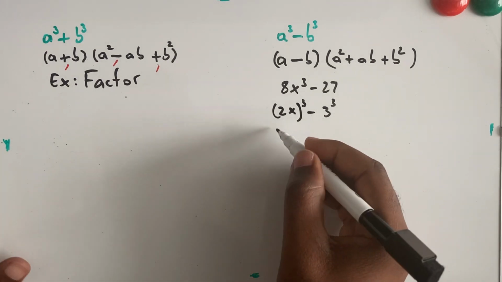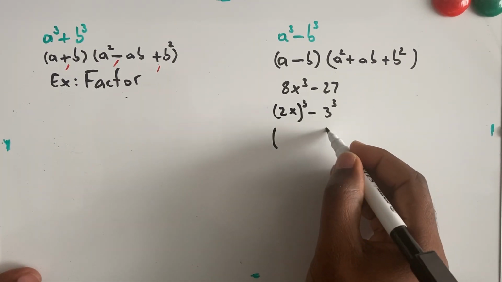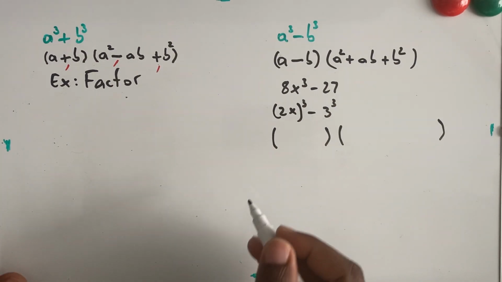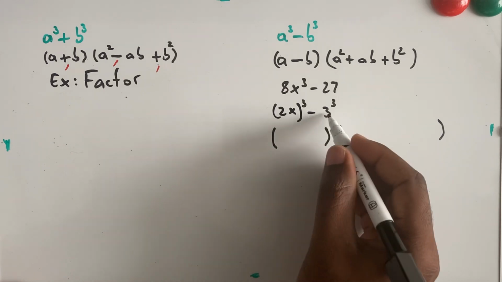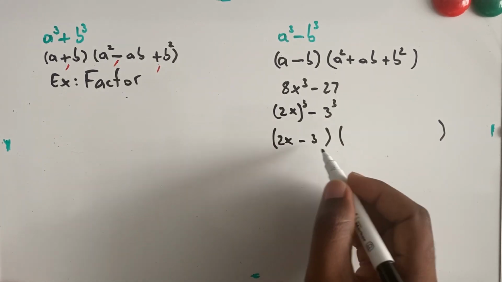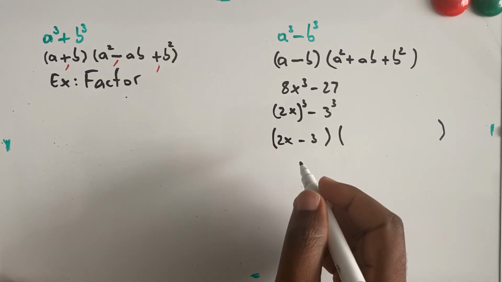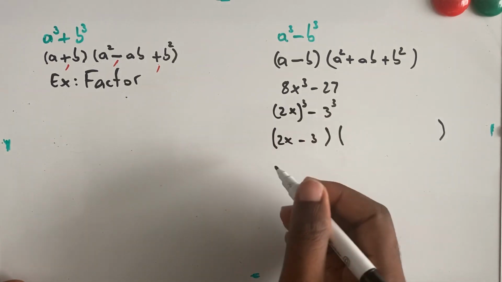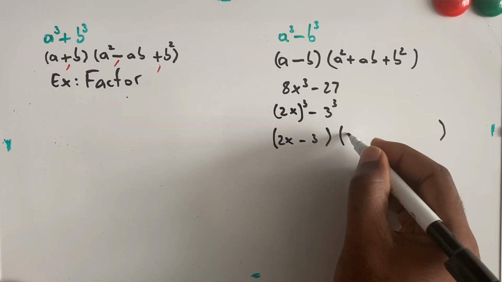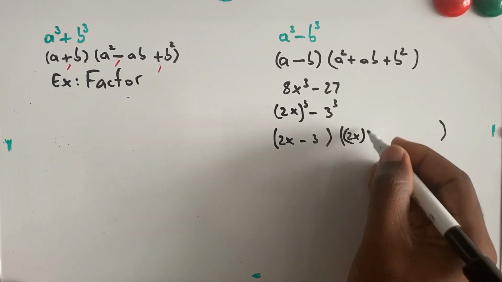Now let's go. First factor, second factor. It's a minus b: 2x minus 3. And here you just drop the exponents, these 3s. Next, the first term squared, 2x squared.